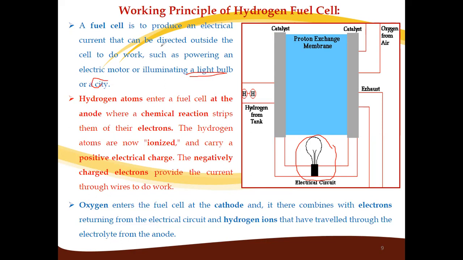A fuel cell is used to produce an electrical current, and that current is used for powering the electric motor, or illuminating a light bulb, or illuminating a city.